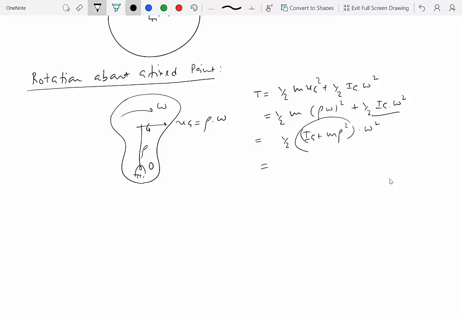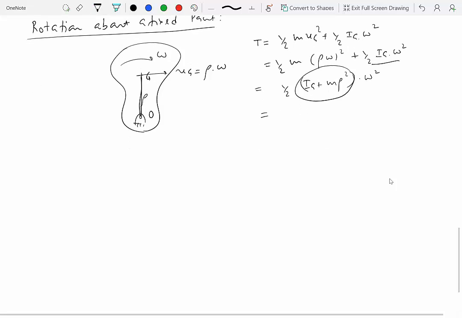Now what is this quantity over here? This is the centroidal mass moment of inertia plus the mass of the rigid body times this distance squared, which is the perpendicular distance between the two axes going through point O and the center of mass. From the parallel axis theorem, you know that this is equal to I sub O times omega squared.